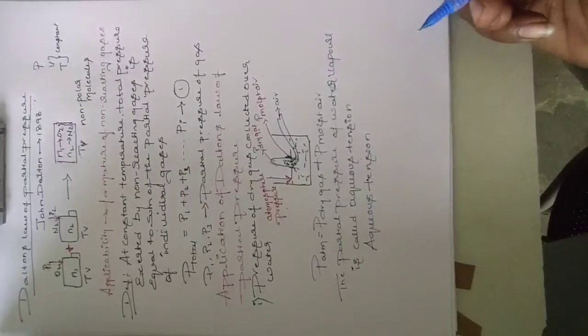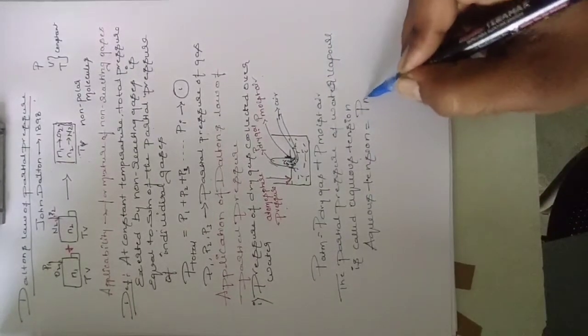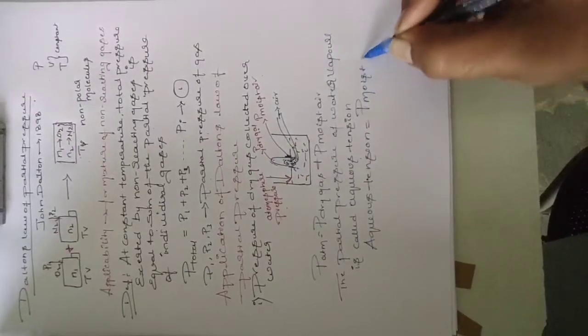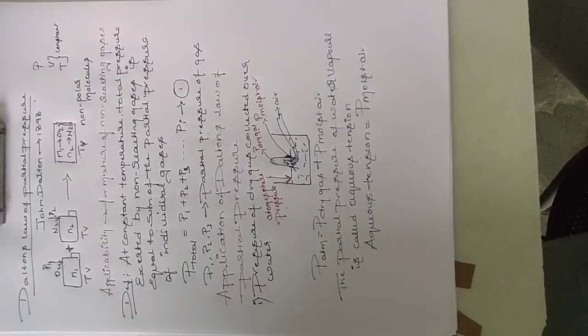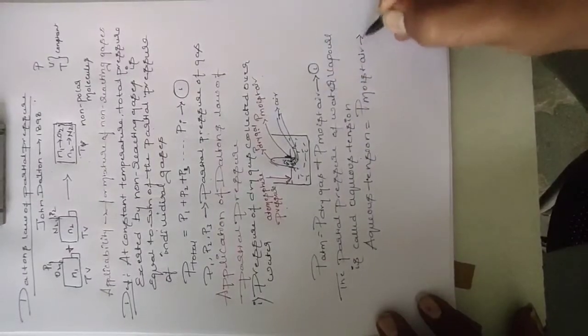We can also call aqueous tension equals pressure of moisture air. ಕರೀಬೋದಲ್ಲ, pressure of moisture air. Okay, we got this correct now. This is equation number 1, equation number 2.